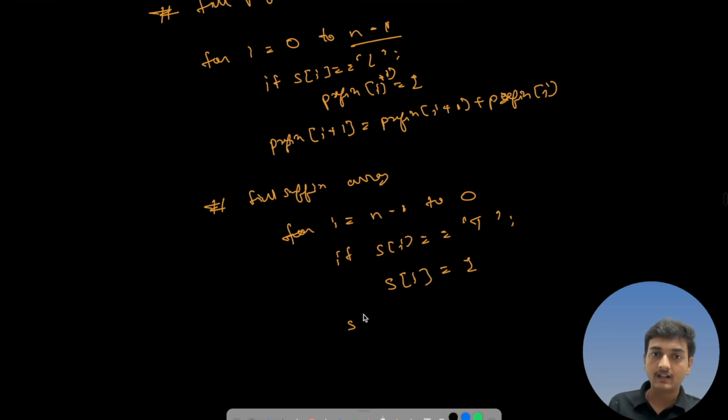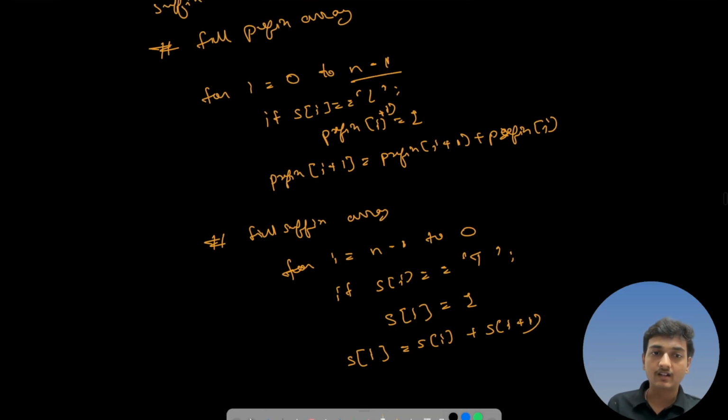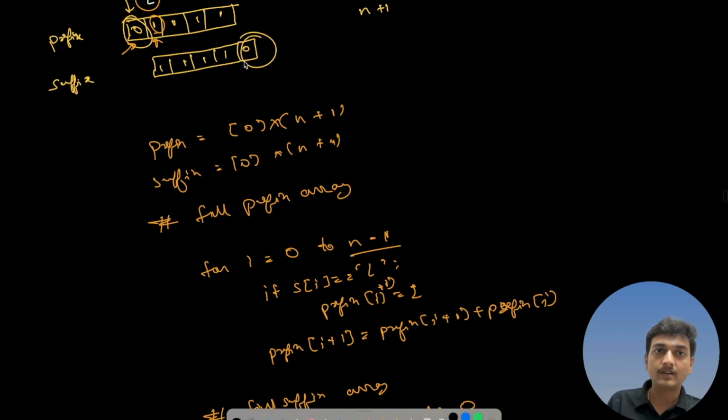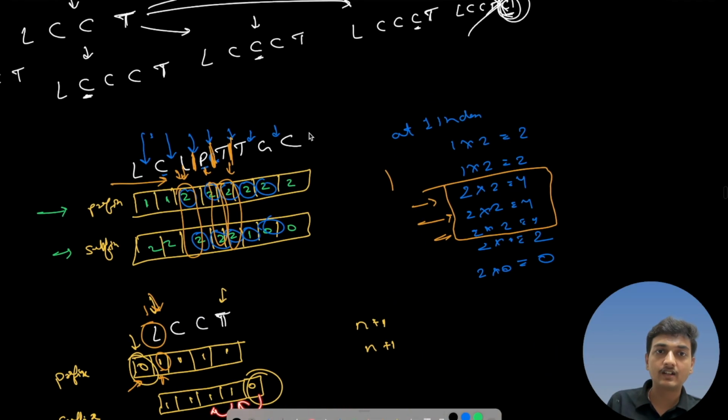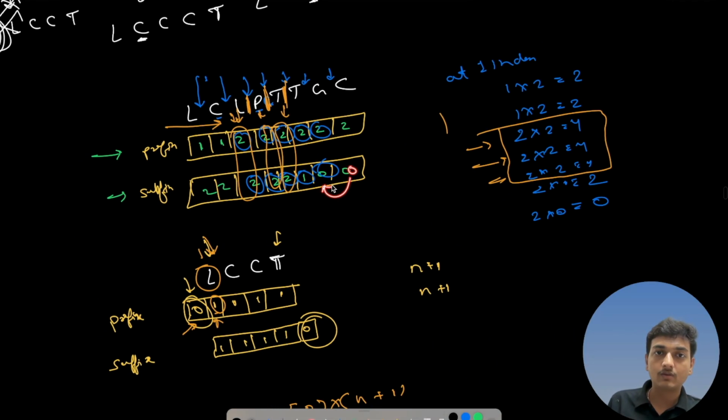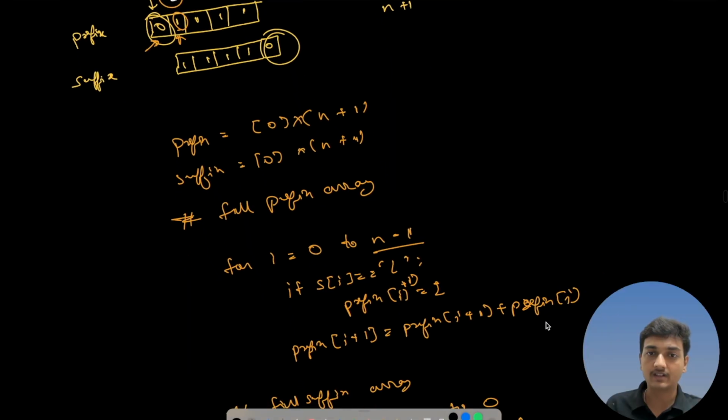And in the last, suffix of i will be equal to suffix of i plus suffix of i plus 1. Because here we were keeping track of the elements from the last, I was adding here, I was adding here. If it was 0 here, then it was 0, then it became 1, then 2, then 2, then 2. I was adding the previous. That's why I'm having this condition.